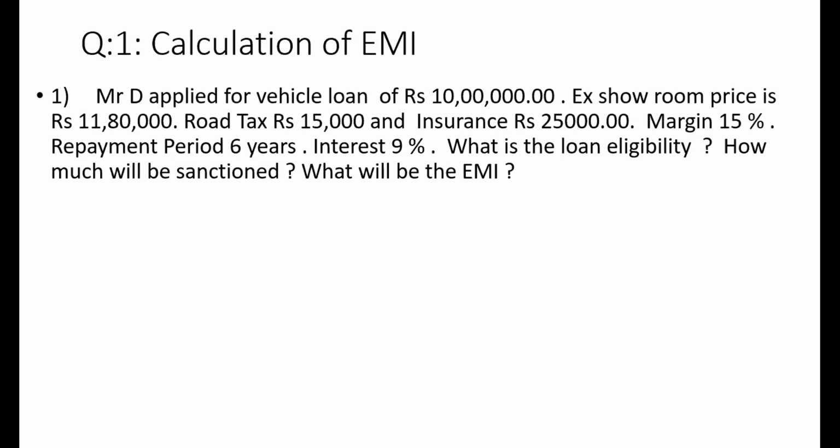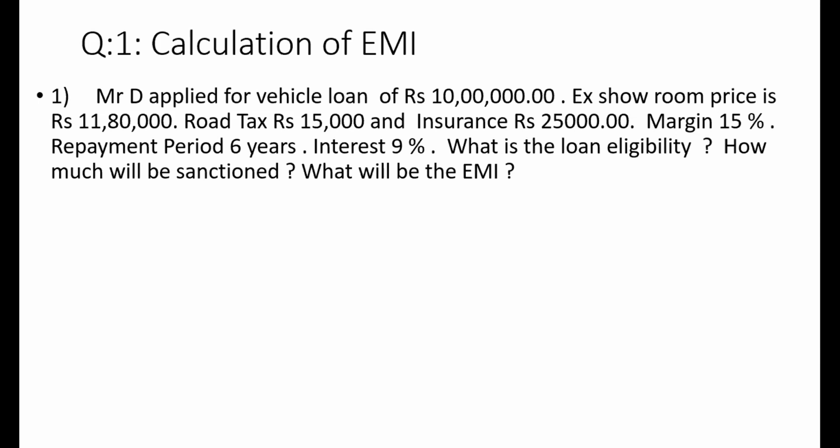So for example, Mr. D, we are going straight to an expected question from retail banking. Mr. D applied for a vehicle loan of 10 lakhs. Ex-showroom price is 11,80,000. Road tax 15,000. Insurance 25,000.